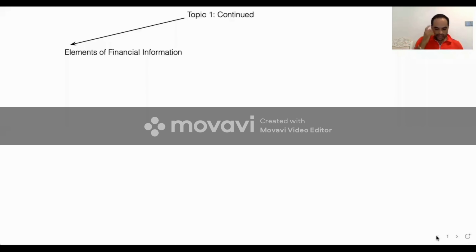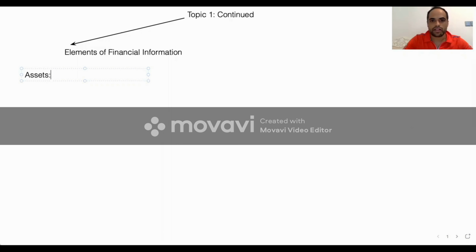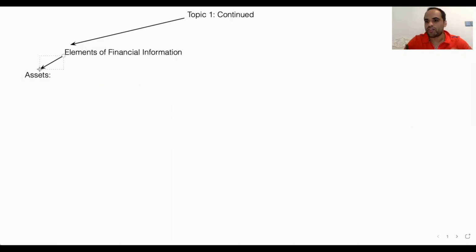Okay, so let's start. The first element that we discussed in the last lecture was assets. And you know the meaning of assets, so of course, we are not discussing the meaning of assets again. Now we will discuss the types of assets, right? In order to understand what is inside assets, we have to look at the types of assets.